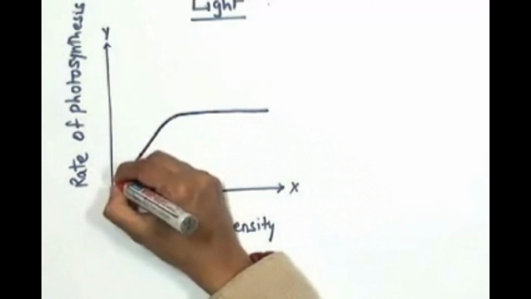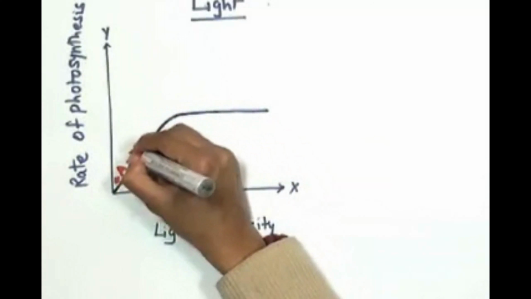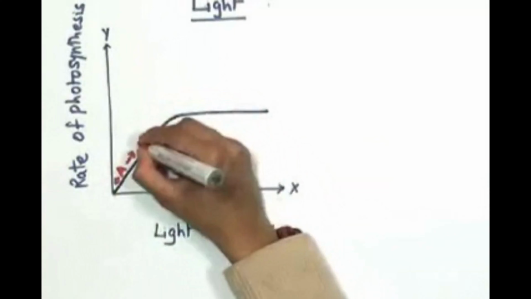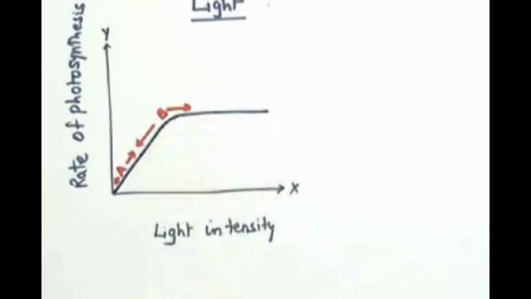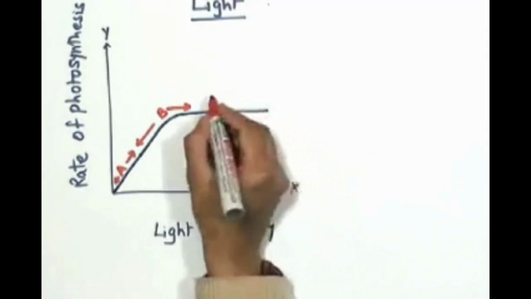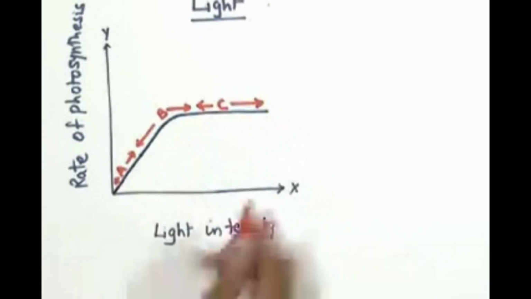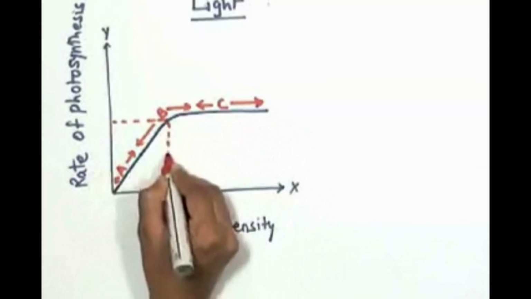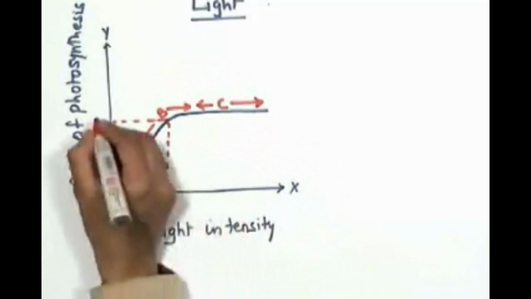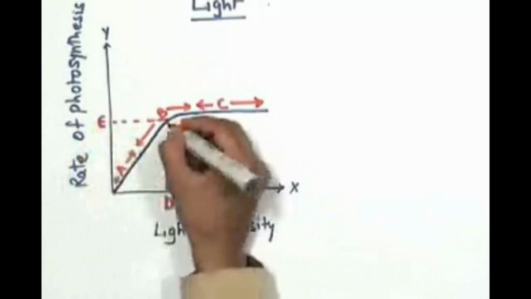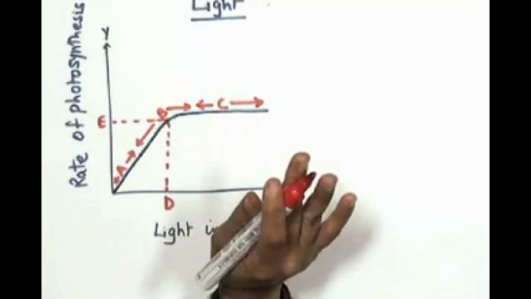As you can see in this graph, as the light intensity is increasing, rate of photosynthesis is increasing, but after a certain point, that is B, the light intensity does not influence photosynthesis and the rate of photosynthesis remains constant. So this point, coming from D and E, is the optimum point where the maximum photosynthesis would take place.